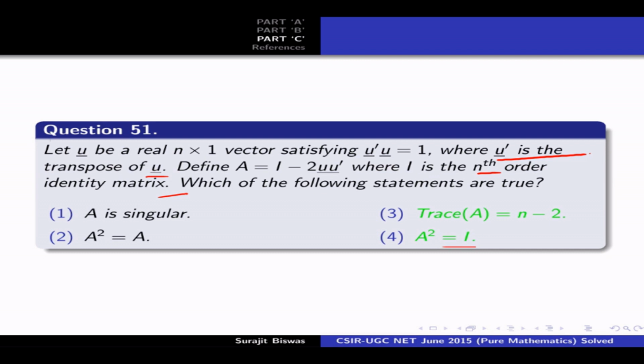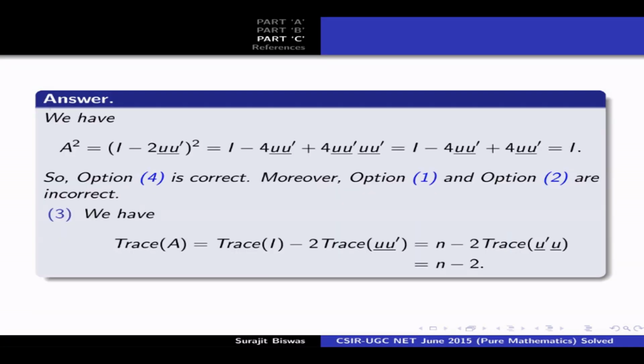Since U dashed times U equal to 1 is given, it's easy to compute A square. We can expect a simplified form for A square, so we will do that first.